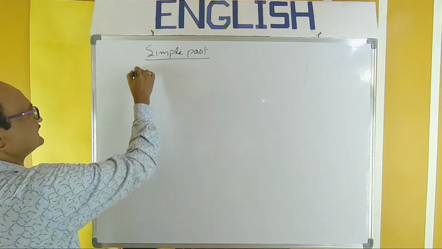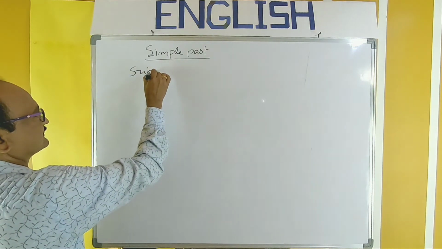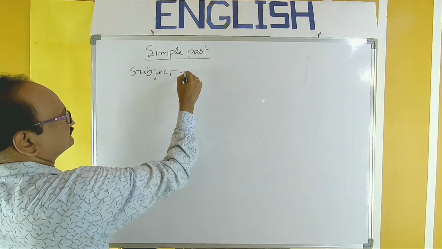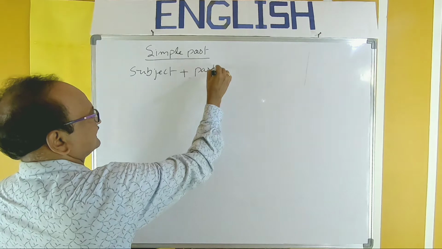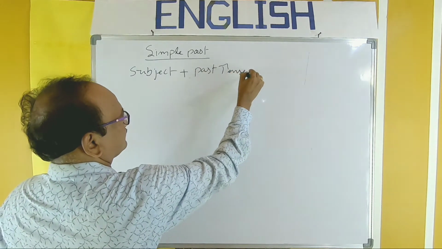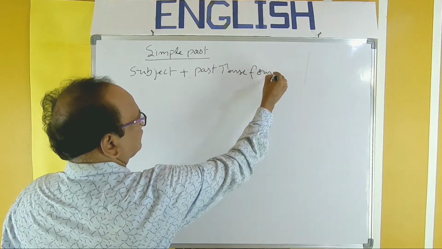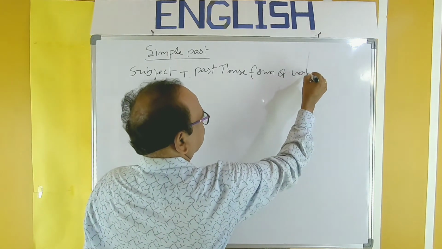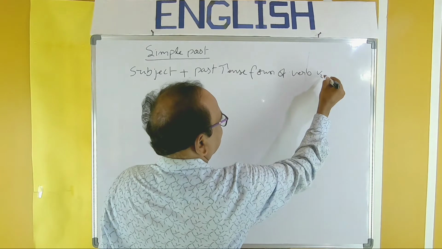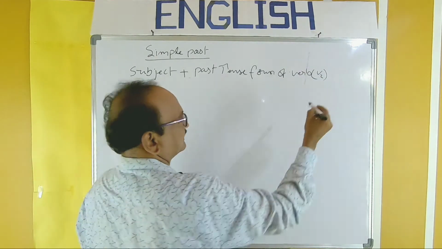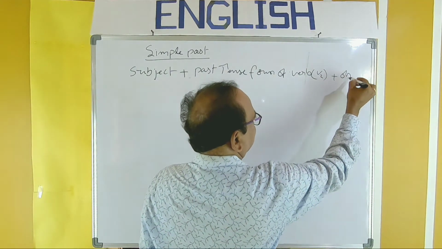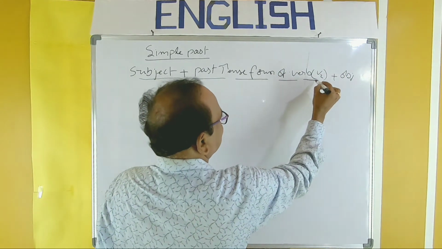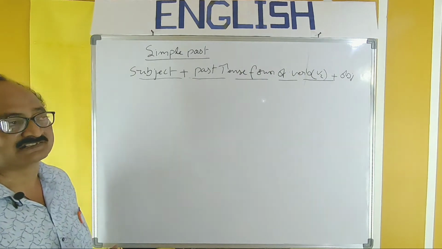So subject plus past tense form of verb, which we can remember easily as V2, plus object. So this is the structure of the past, simple past particularly.